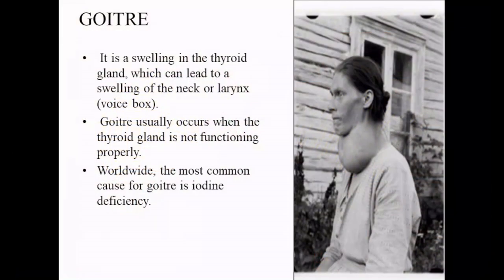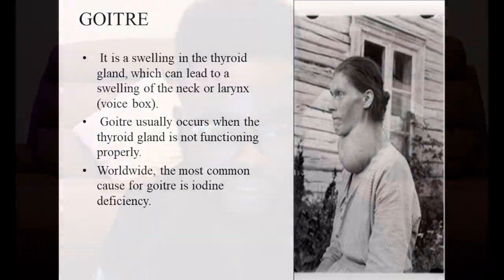So I'll show you an example. You can see how bad the swelling can get. The swelling affects the entire neck, and this can be very traumatizing to patients and can easily affect their self-esteem. So they are classified in different ways. We have a diffuse goiter, a toxic goiter, and non-toxic goiter.